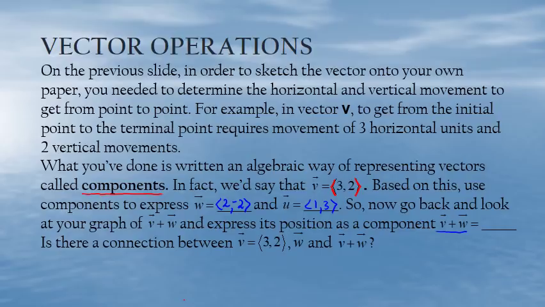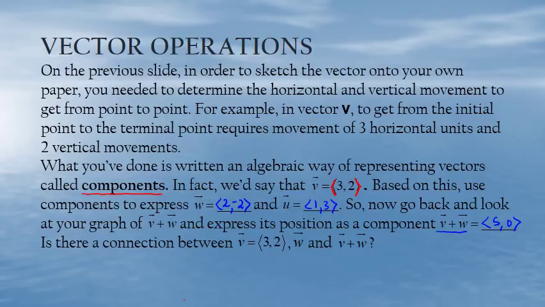When I do that, I came up with ⟨5, 0⟩. I'm not talking about vector v or vector w, but the new vector that we drew in. From where I started to where I ended, I would have to move 5 to the right and go nowhere up and down. And that puts me at ⟨5, 0⟩.